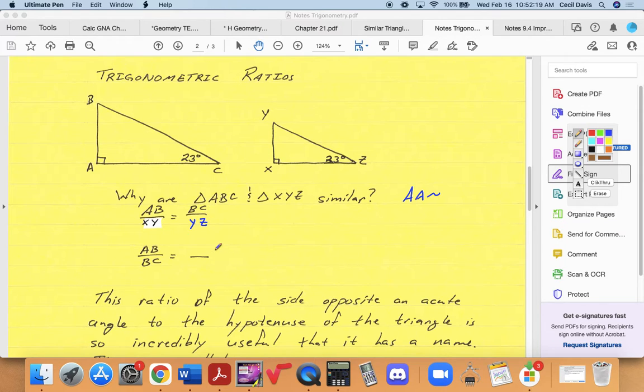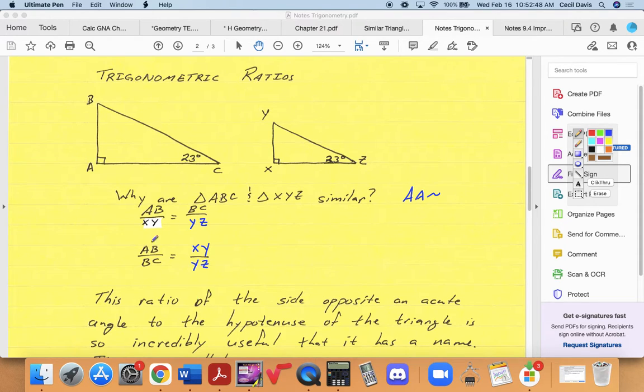What do you think I should do for the second ratio? Yeah, it should be XY to YZ. Why? Because I want the same cross products as I had before. The cross products here were AB times YZ. Here I have AB times YZ. It's the same cross products.